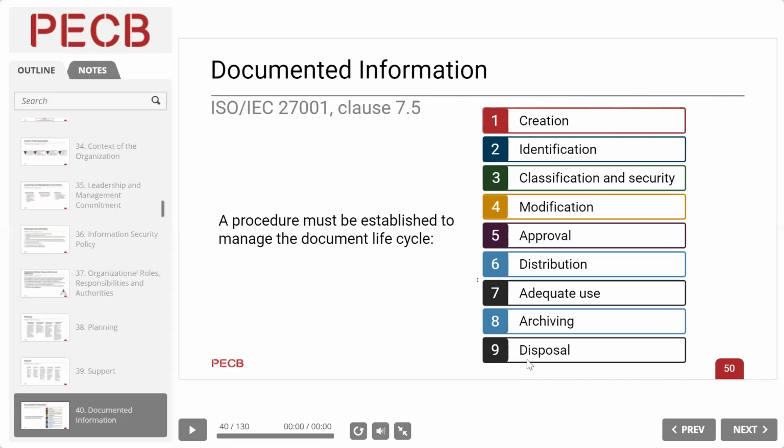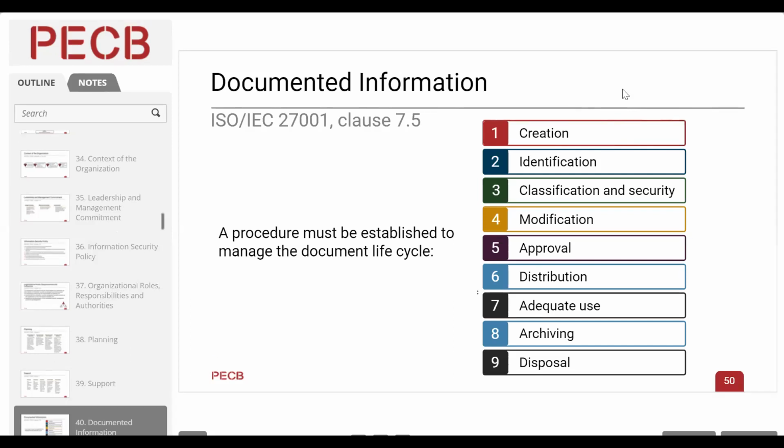So in managing the document, we have a document lifecycle that we need to ensure is true of the organization. A life cycle is from birth to death.